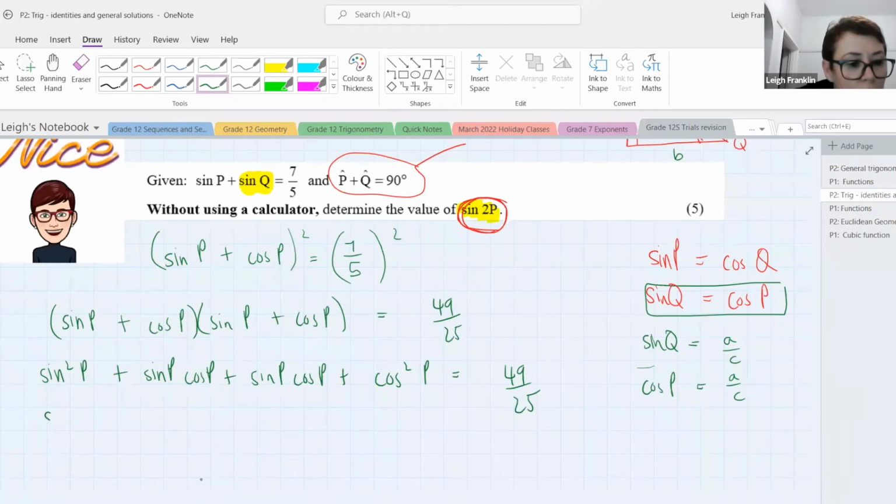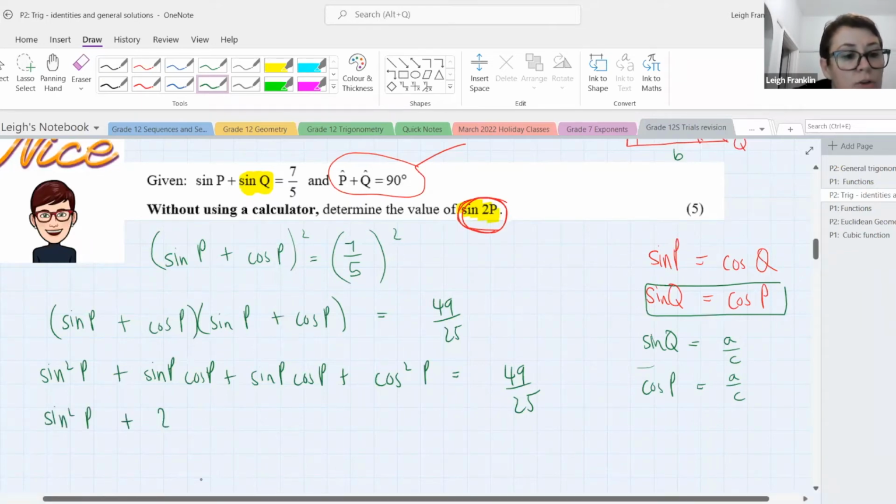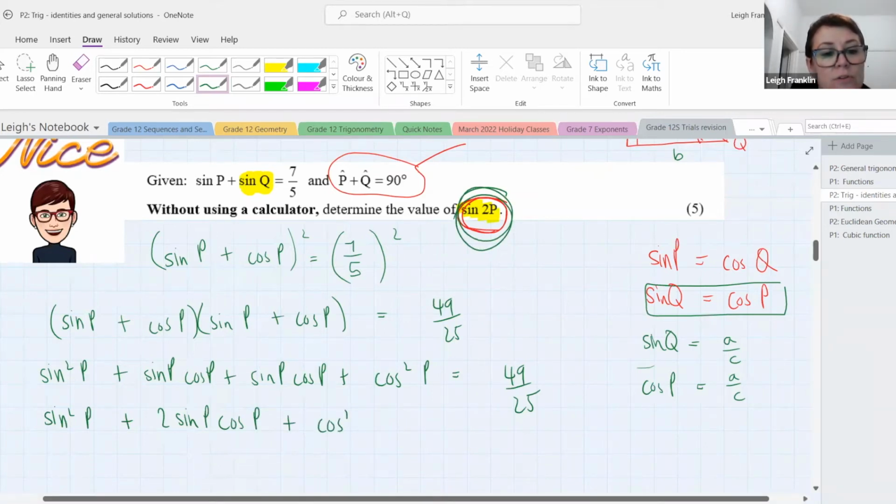So now, matrix, you've got sine squared P plus 2 sine P cos P, which is sine 2P, isn't it? Plus cos squared P equals 49 over 25.